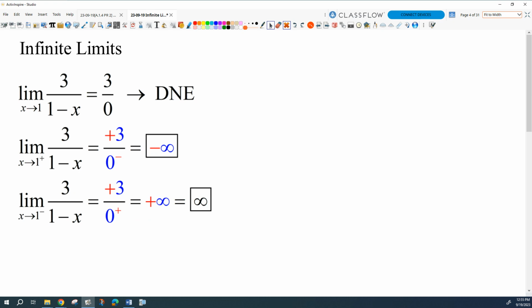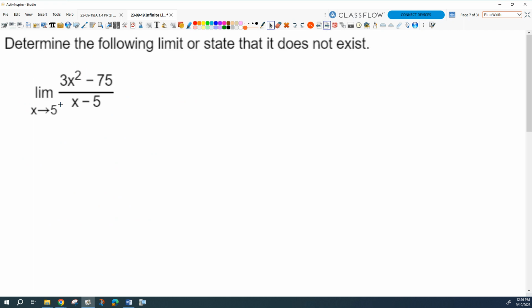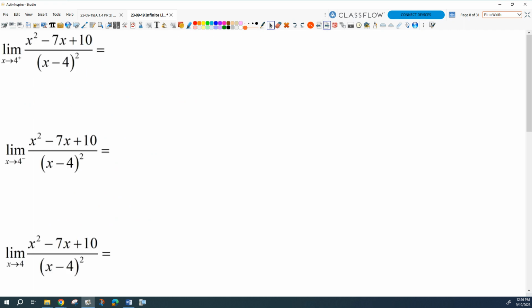Okay, compare that to an example. Darn it, I kind of wish I had built in another one. Let's look at this guy. We'll go backwards a little bit. So what do I get here if I try to evaluate directly?